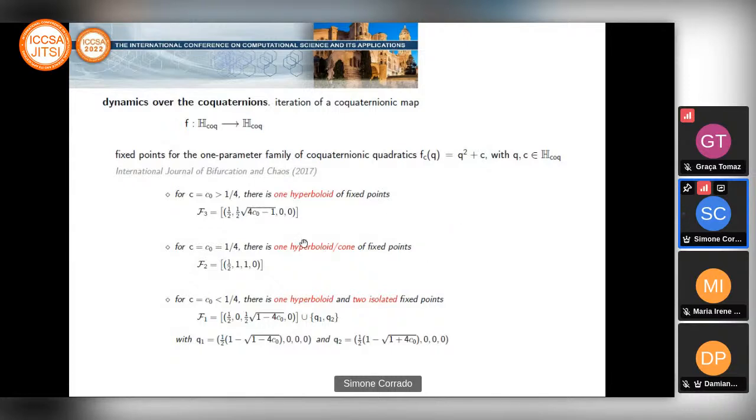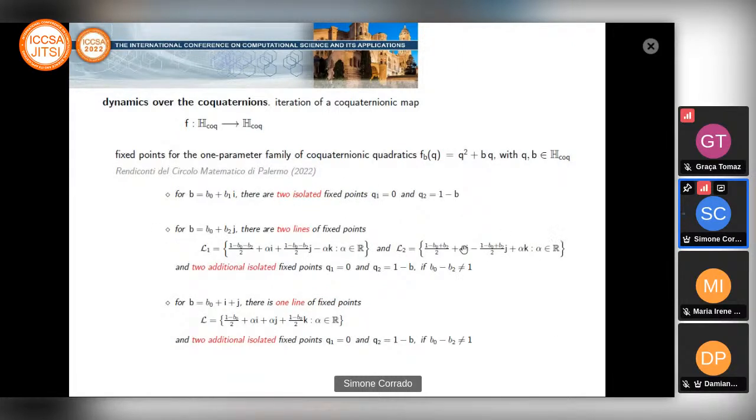Okay, I will go to the next slide, and here I have the following. This was published quite recently, and we studied the quadratic family of polynomials, q squared plus b times q, where b here is our quaternion parameter.